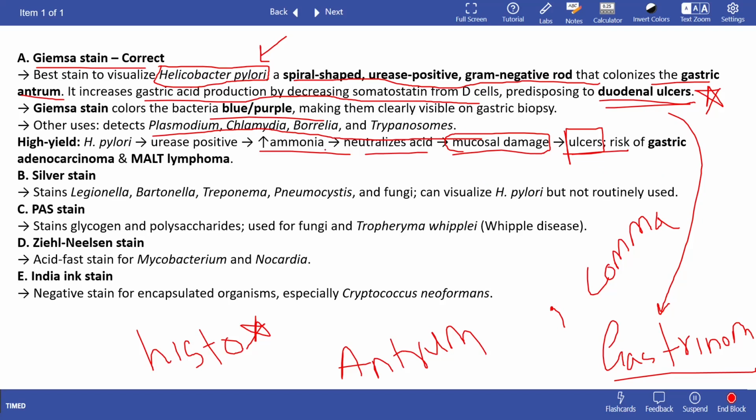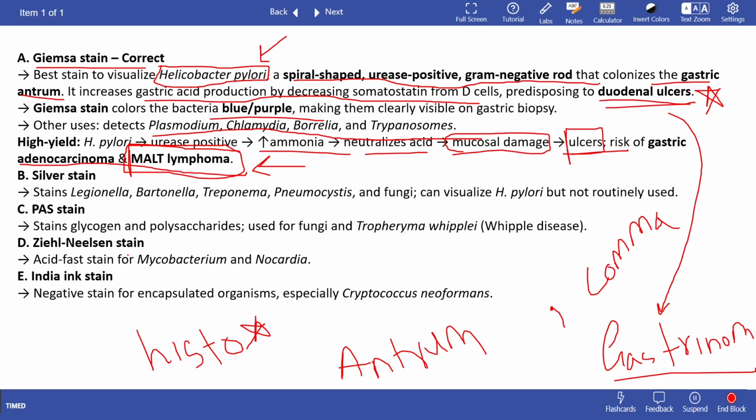If this process is not stopped and the treatment is not followed, what can happen is gastric adenocarcinoma and MALT lymphoma. MALT lymphoma is especially associated with H. pylori. This is the long-term result of not treating peptic ulcer disease, H. pylori infection.